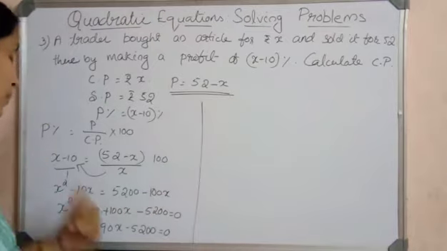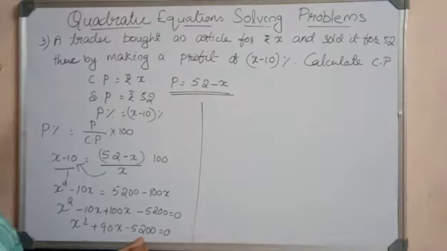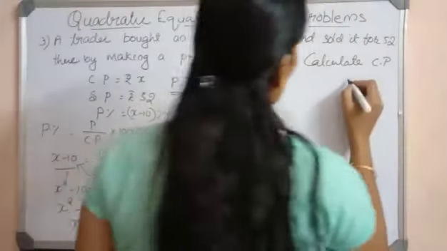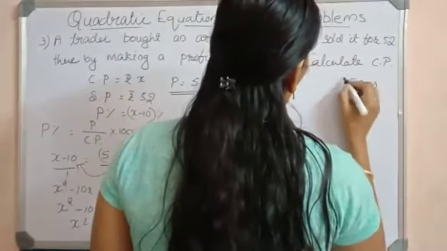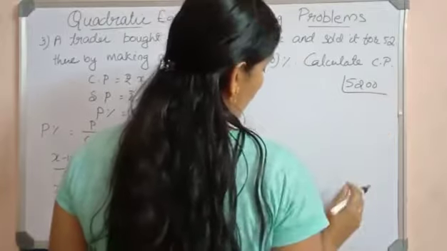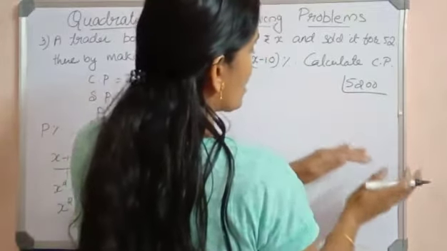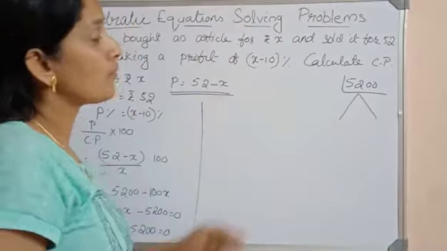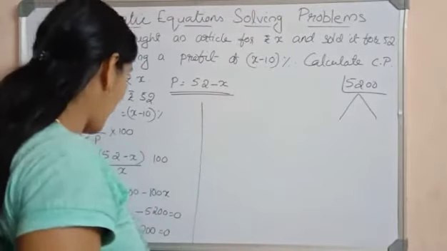Now we need to split 5200 into two numbers such that the sum is 90. So 5200, you need to factorize this and find all the factors and group the factors into two groups such that you will get two numbers, or else you can use the formula also to find the value of X.